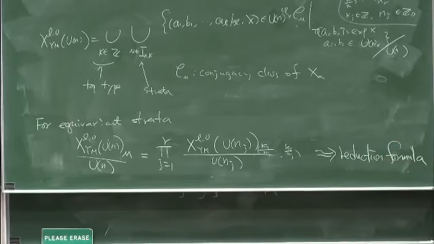And you would have a long exact sequence for these two pairs, AJ, AI, and N lambda naught.